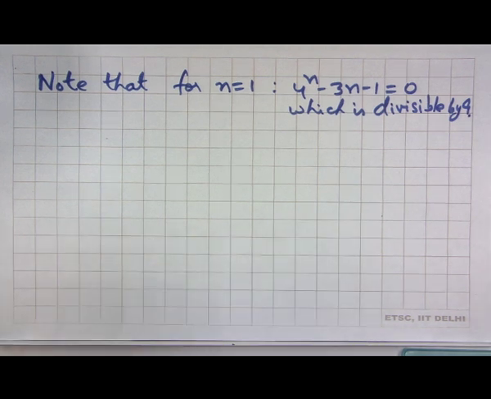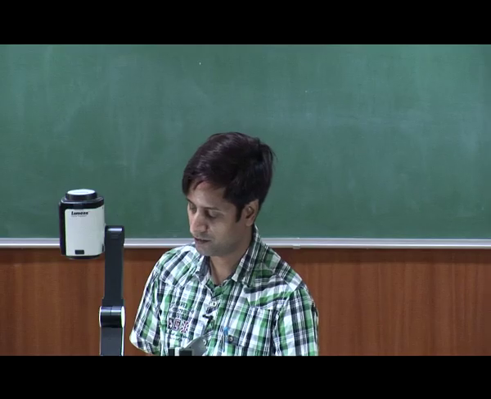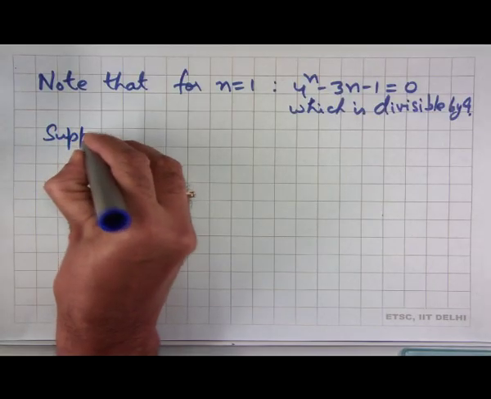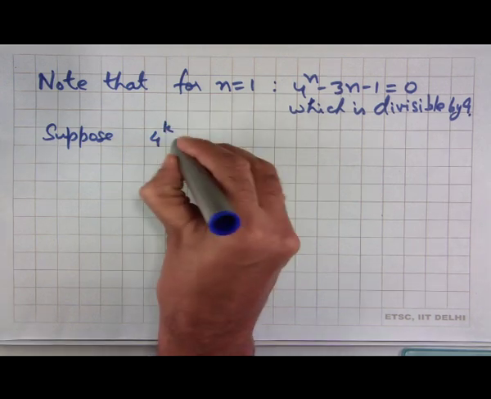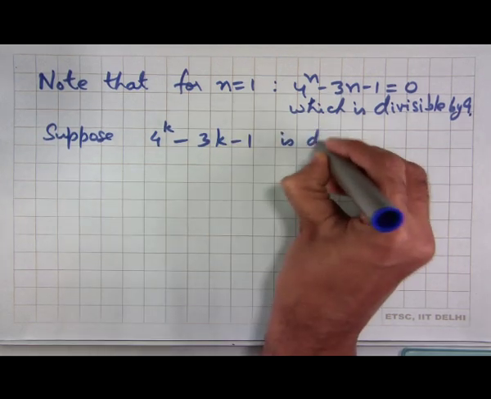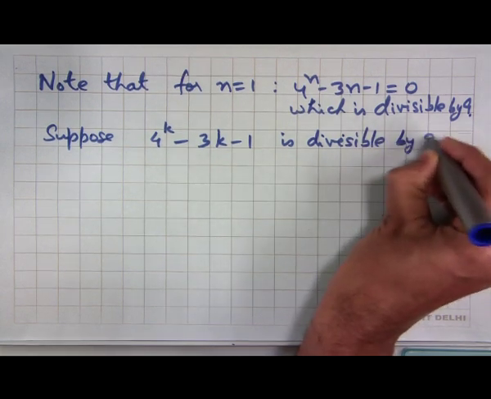And to actually prove this, we will need what is called the principle of mathematical induction, which you will also learn in detail in another chapter. But let me show you. Suppose 4^k minus 3k minus 1 is divisible by 9.